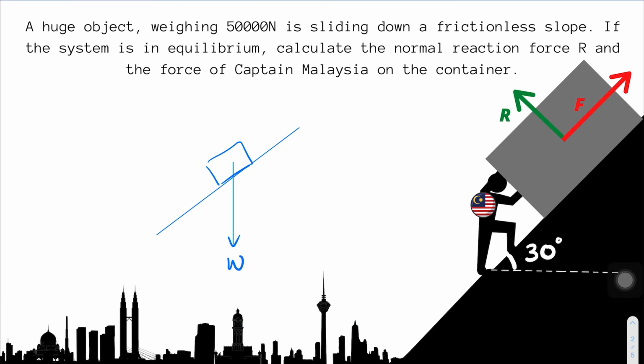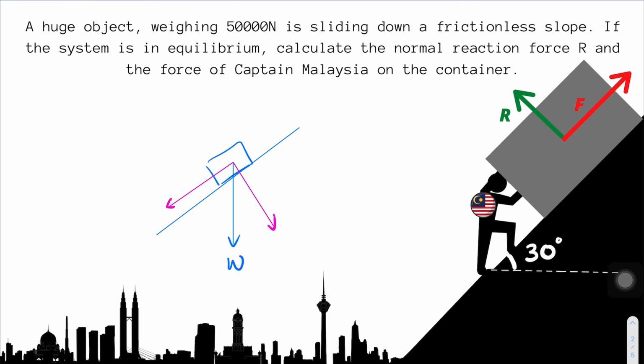In the case of a slope, it is one component that is perpendicular to the slope, 90 degrees, and one component that is parallel to the slope, this way.